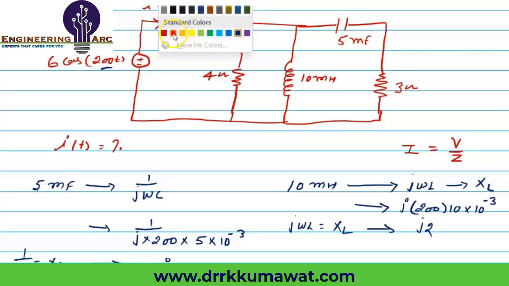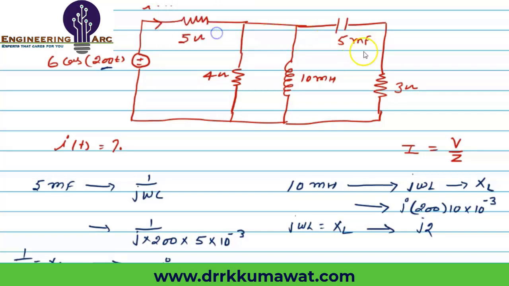Assume the first is Z1, this is Z2, and this is Z3, which has the 3 ohm resistor and 5 millifarad capacitor. And there is another resistance of 5 ohm. There are different methods for solving this problem.